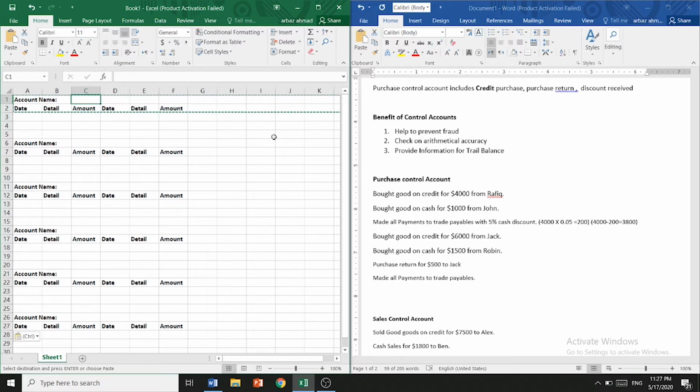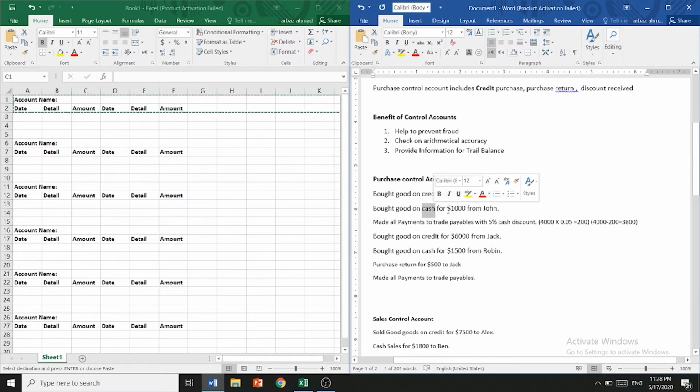In this I won't be making the cash book or the other account, I will be just making the trade payable account, which will be the purchase control account. So I won't be making the opposite account. If in this case it's going into cash book, I won't be making the cash book in this video. But I hope it will be clear.